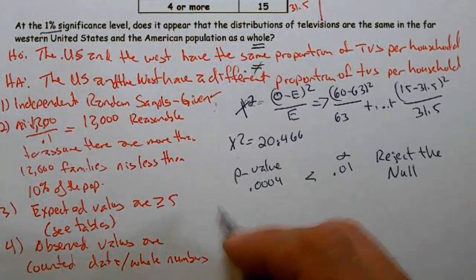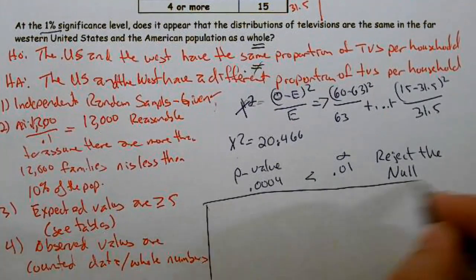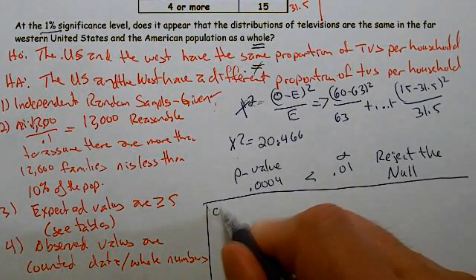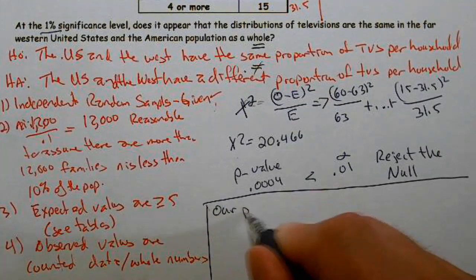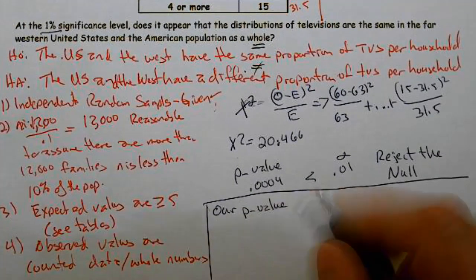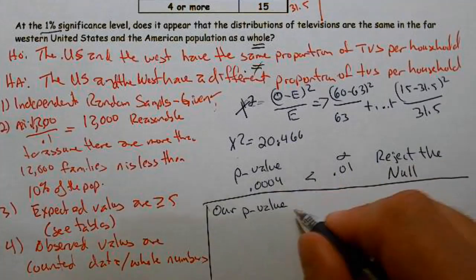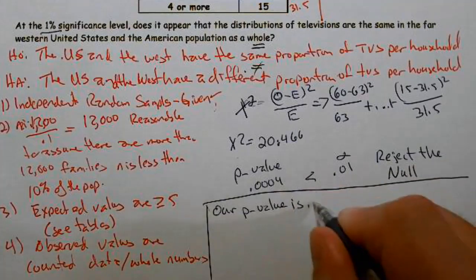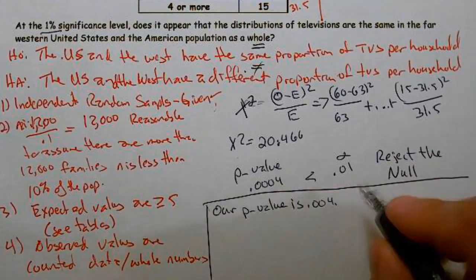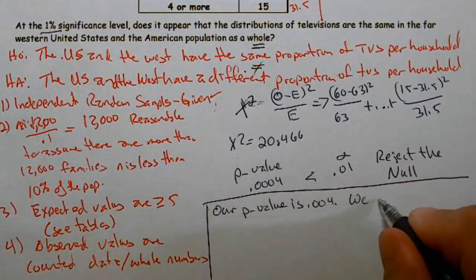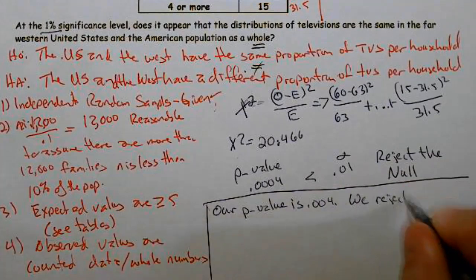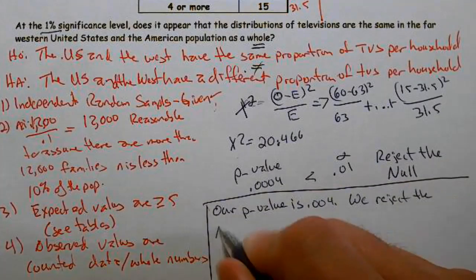So, our conclusion. Our p-value is 0.0004. We reject the null.